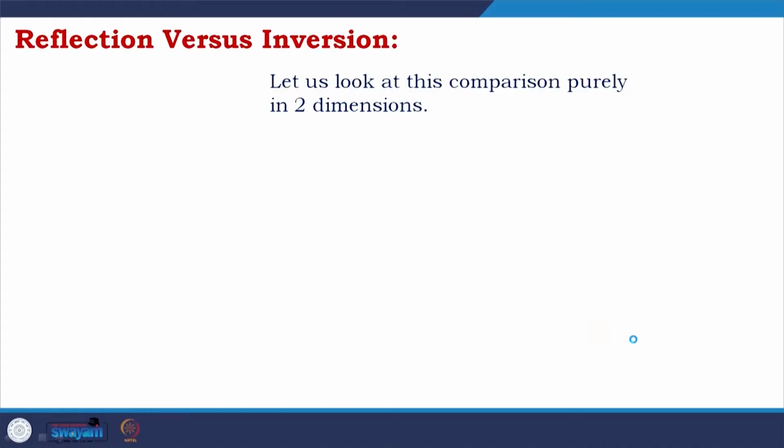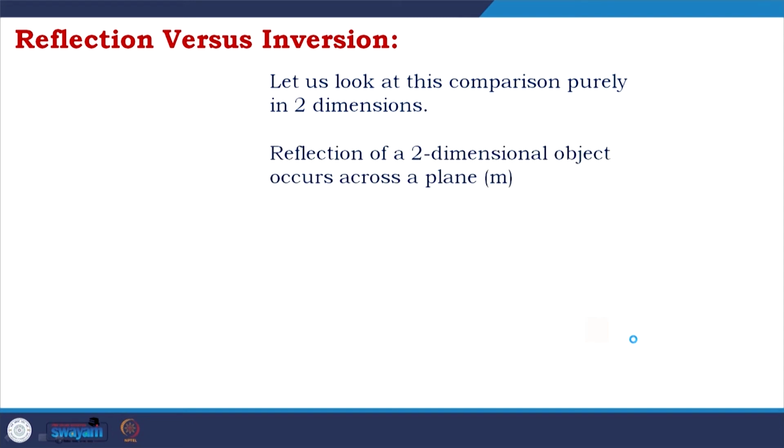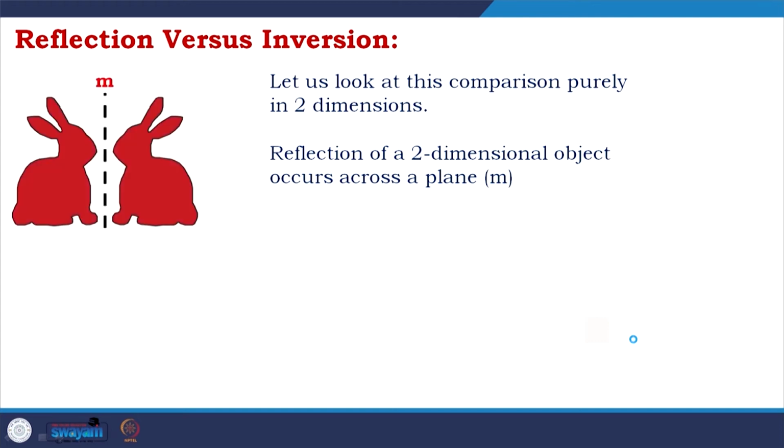Let us take a comparison to understand reflection and inversion. For that, let us look at this comparison purely in two dimension first. Reflection of a two dimension object occurs across a plane mirror. So, you see this is a reflection.